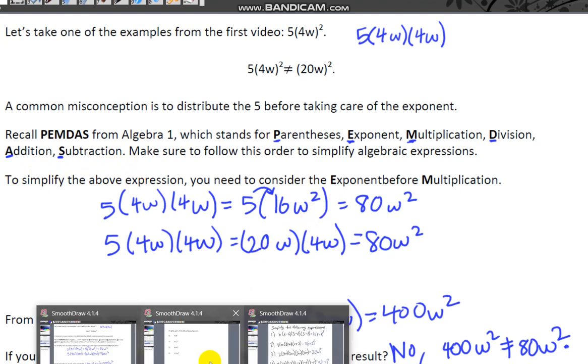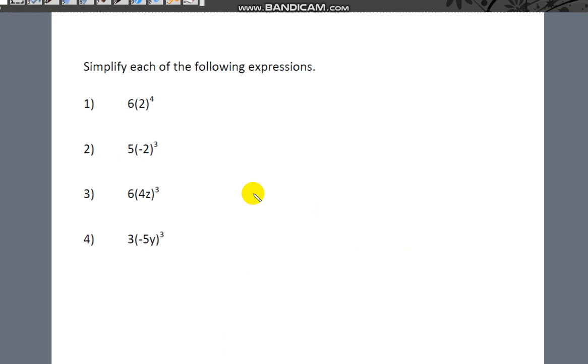Okay, so now I'm going to show you a couple examples. Okay, simplify each of the following expressions. Okay, so I've seen this so many times, I can't even tell you how many times I've seen this. So make sure when you do this, make sure you follow PEMDAS. Make sure you do the exponent first and then multiply.